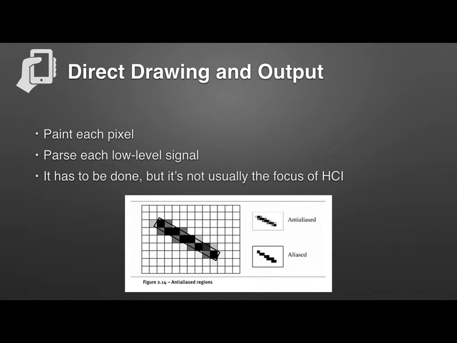And so when we think about something like drawing, it's not usually our focus, for example, to paint each pixel or to look at low-level signals. But here's an example of something where this might actually make its way up to you with your user interacting with the screen. Something as simple as anti-aliasing, right? This is pretty automatic. It's there in a lot of cases.